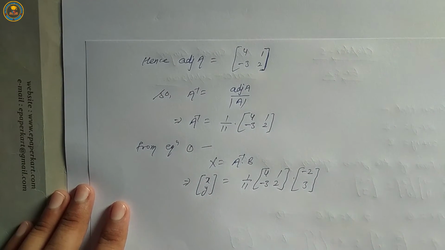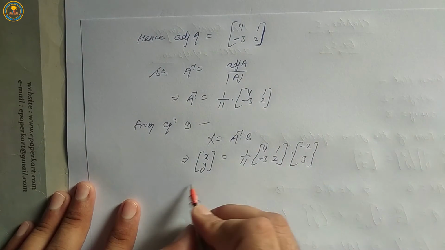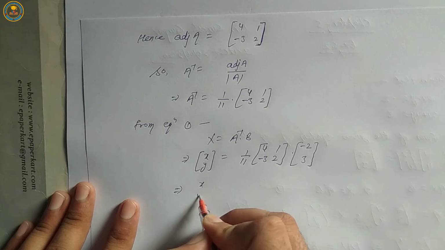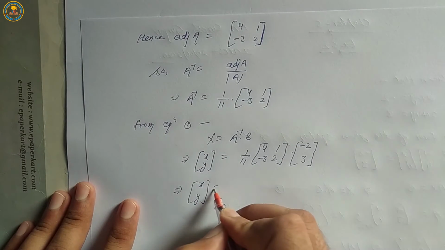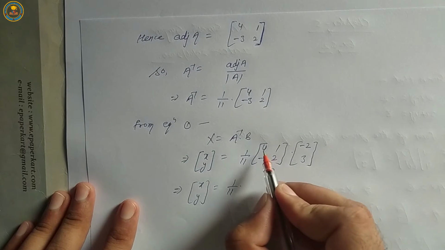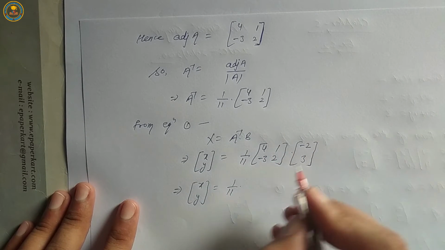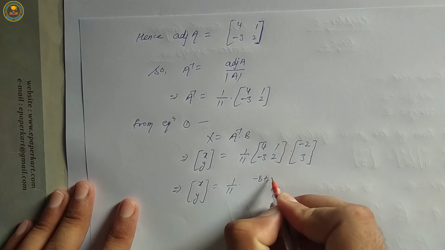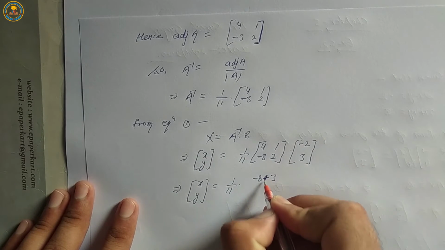Implies x, y is equal to 1 upon 11 into first row first column 4 into minus 2, minus 8 plus 3.